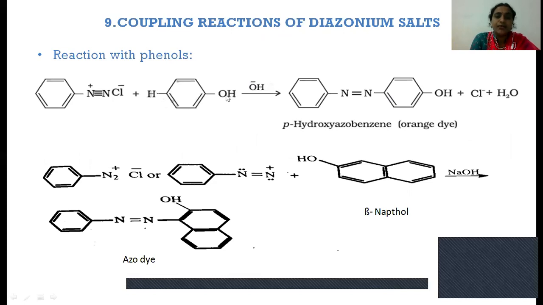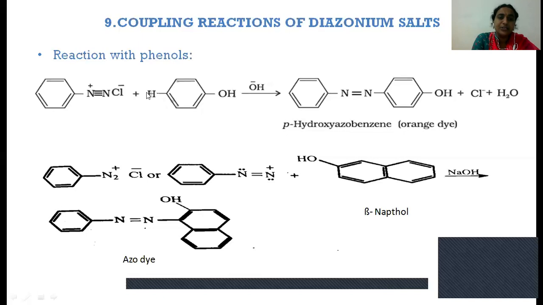As we all know, in phenol the OH group is an activating group, that means it donates electrons to the benzene ring. Hence, at the ortho position as well as the para position in this phenol, there is more electron density.